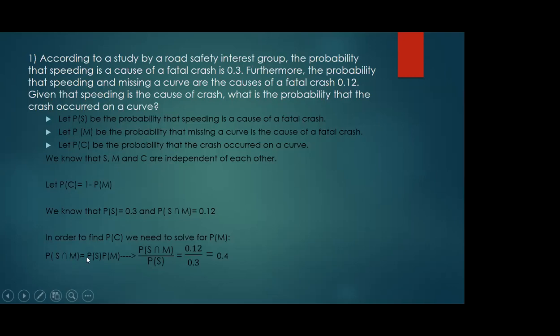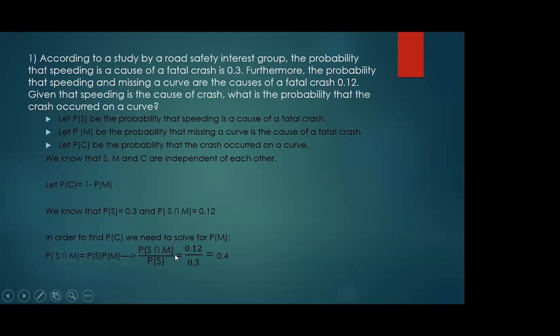So we can say that the probability of S intersect M is the probability of S times the probability of M. But remember that we're trying to solve for M. So since we have the probability of S and the probability of S intersect M, we can divide both sides by the probability of S in order to get the probability of M. So the probability of M is equal to the probability of S intersect M divided by the probability of S.